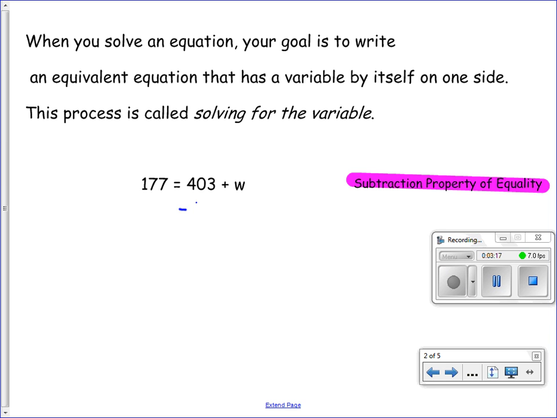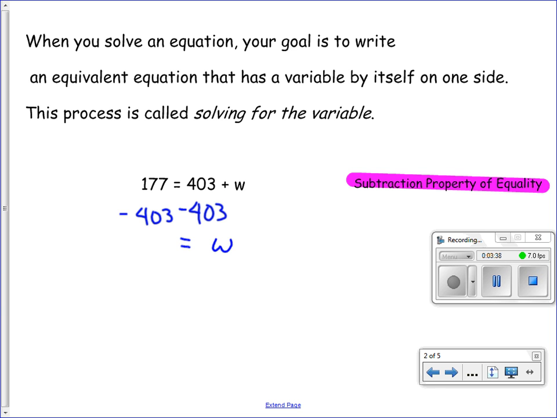In order to have w by itself, I'm going to take 403 away from this side of the equation. What I do to one side, I have to do to the other. Notice 403 minus 403 is 0, so all I have left on that side of the equation is w.